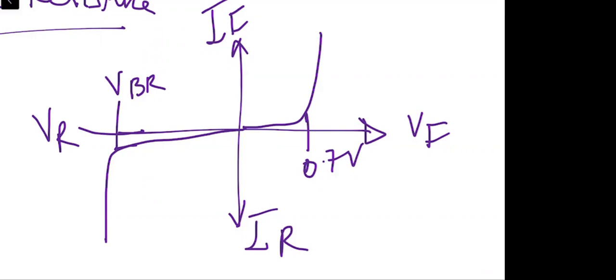So for that, we have come up with different models of the diode. There are basically three models or circuits which we normally use.